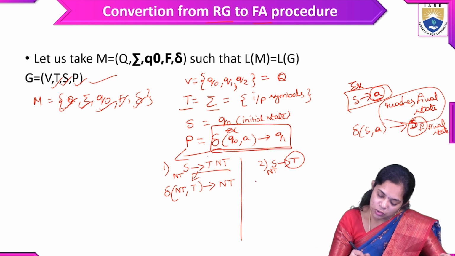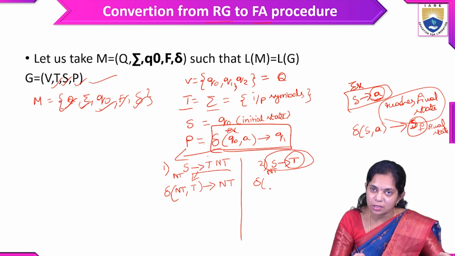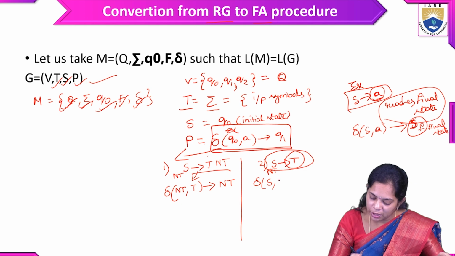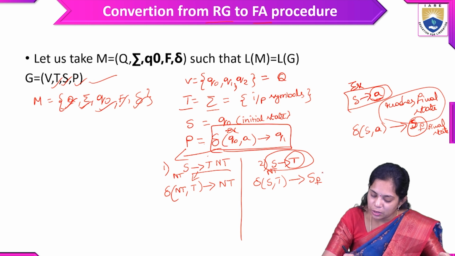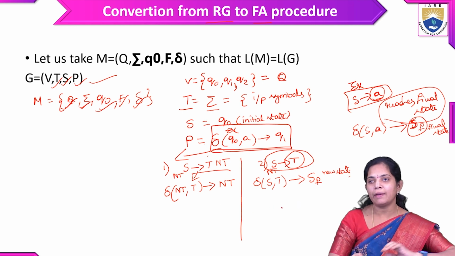So how to form this for a terminal? This kind of production we have, how to convert that into a transition function, in the sense S comma terminal, taking the terminal and giving it to the next new state. So in the production rules, we have two cases.